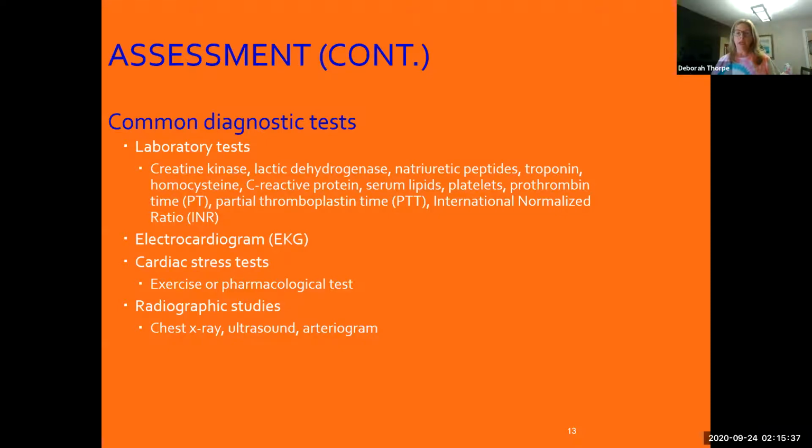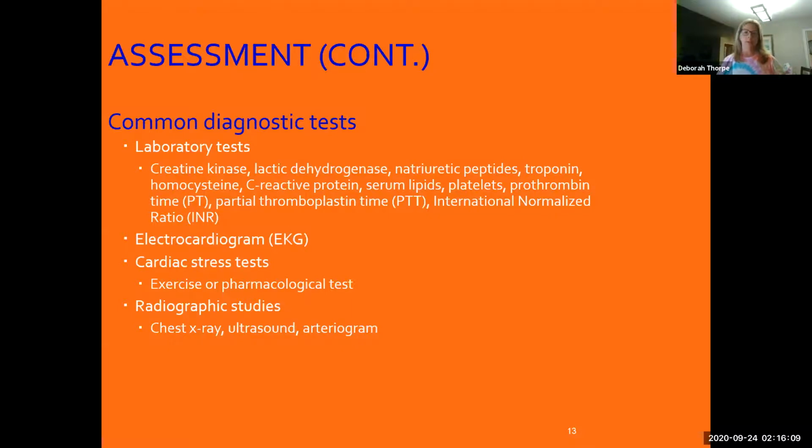An ECG would be done, a 12-lead ECG, to record electrical impulses through the heart, which again is part of adequate perfusion, making sure that the electrical impulses, the ECG, is normal. Some of the tests that we do to assess what's going on with the client also would be a cardiac stress test. And you can do these 2 different ways.